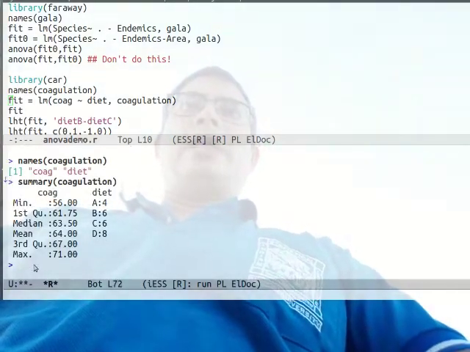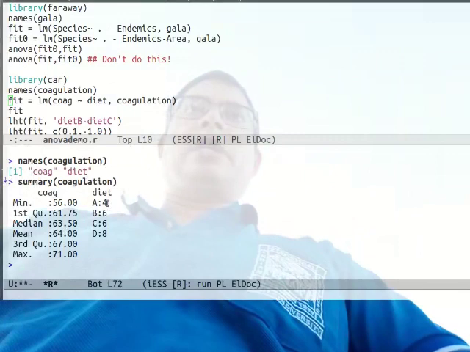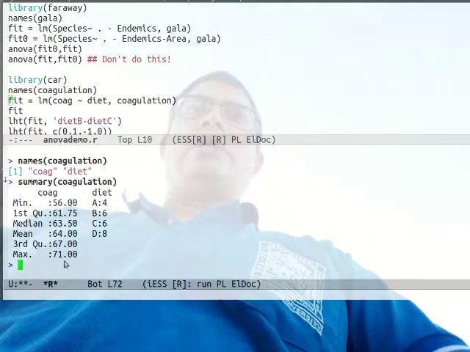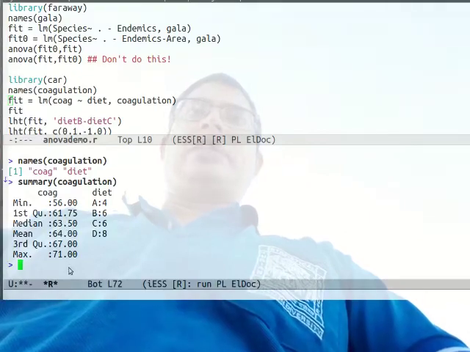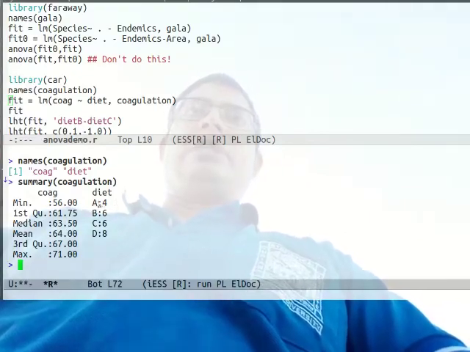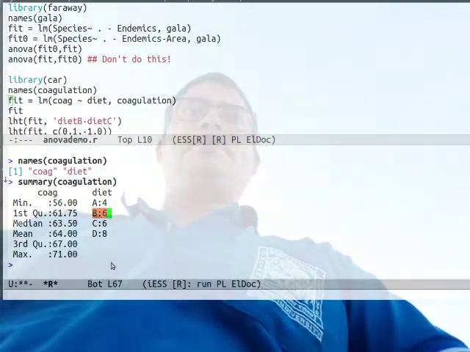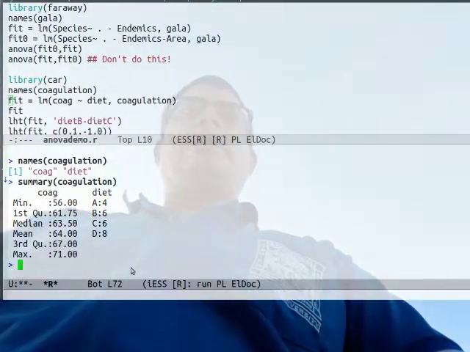You can see that diet has got 4 levels, A, B, C, D, and coagulation is a continuous variable with min, max, etc. And A occurs 4 times, B occurs 6 times, etc.